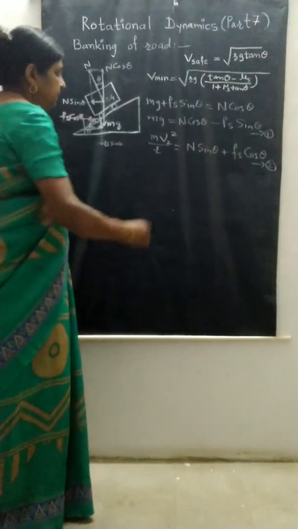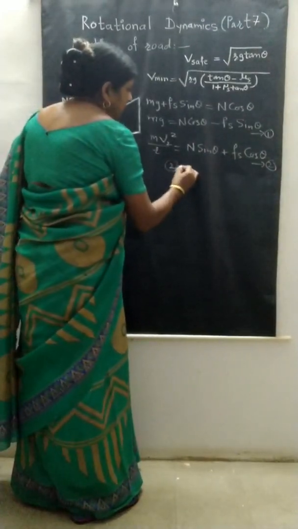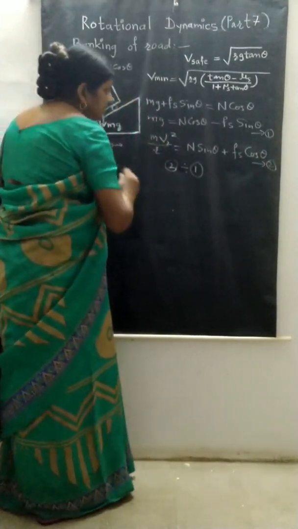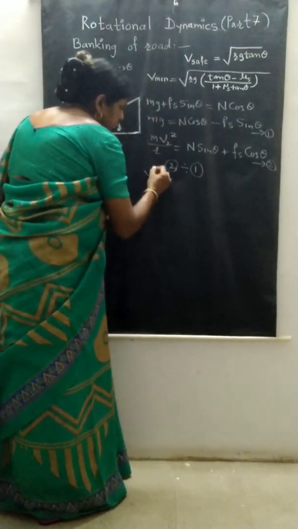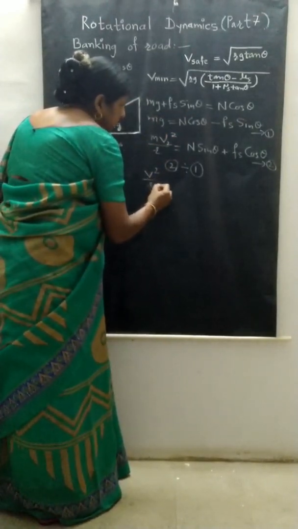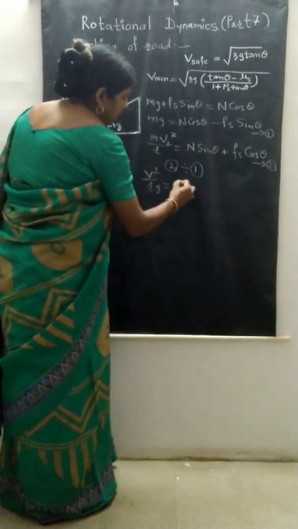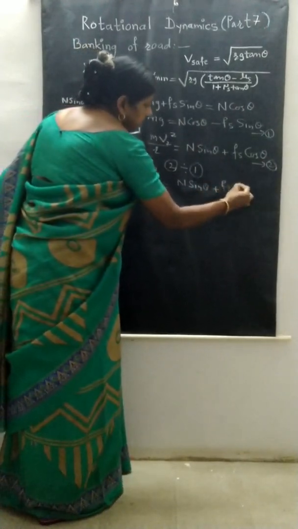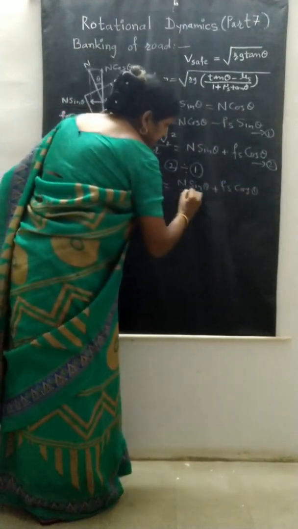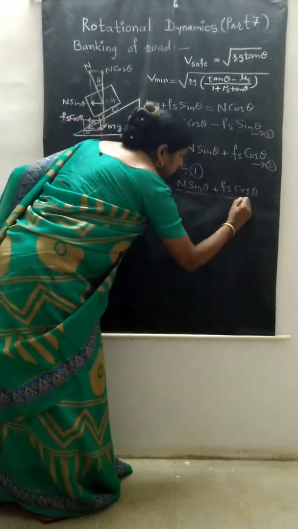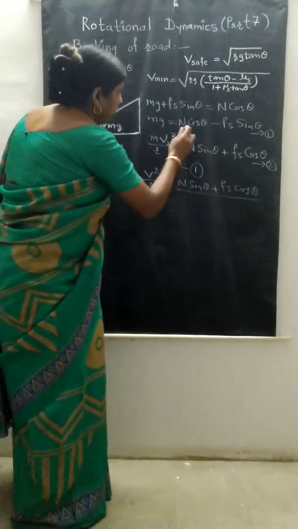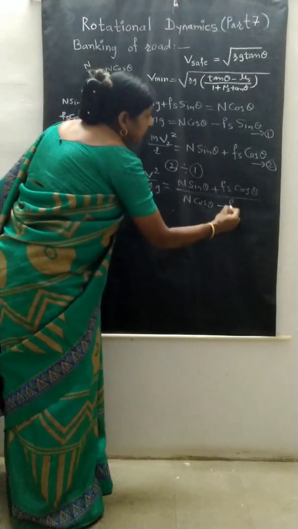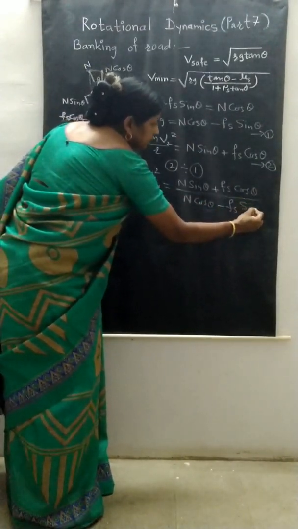Again we divide equation 1 by equation 2 and obtain, here we cancel m, v square upon rg is equal to N sin theta plus Fs cos theta divided by N cos theta minus Fs sin theta.